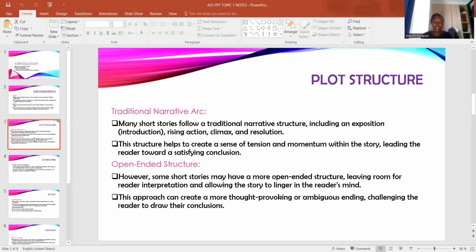A room is created for you to be thoughtful, to create your own ending. So the readers are kind of challenged to come to their own conclusions.